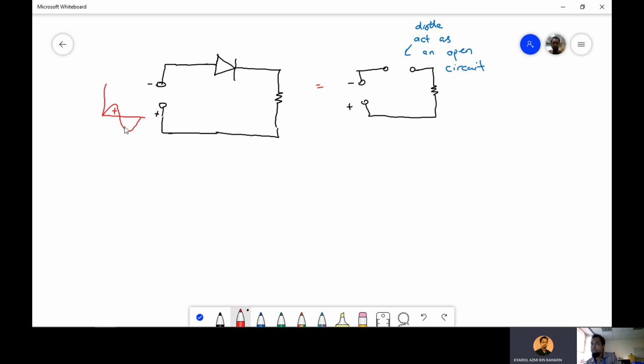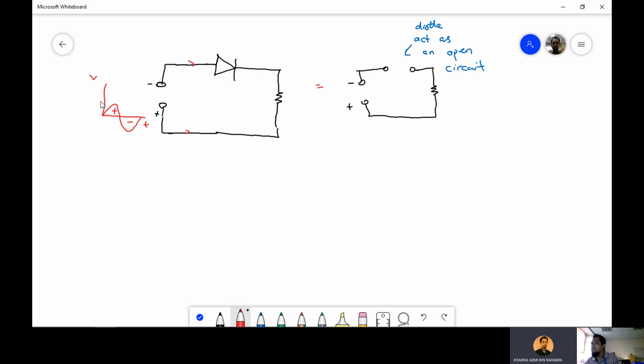So let's say this is the positive cycle, this is the negative cycle, okay, this is voltage and this is time. So during the positive cycle, current will flow in this direction. During the negative cycle, current wants to flow in this direction. But during the positive cycle, the diode will allow the current to flow. During the negative cycle, it will block the current.